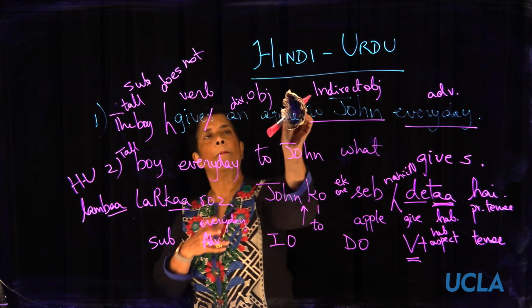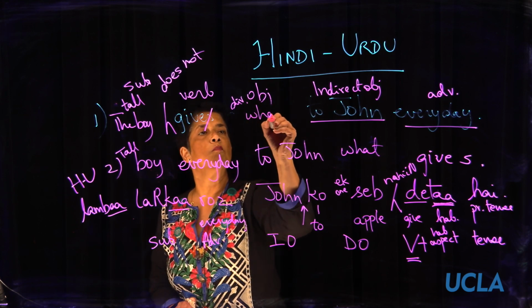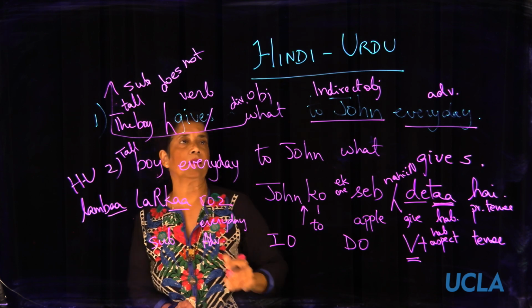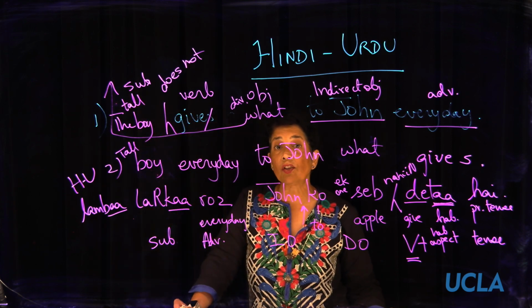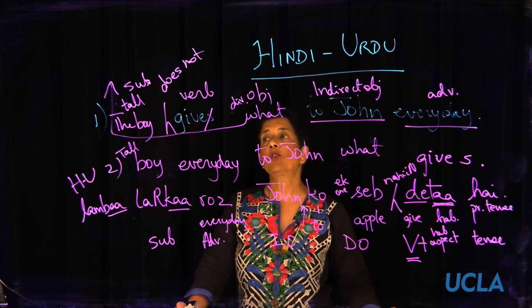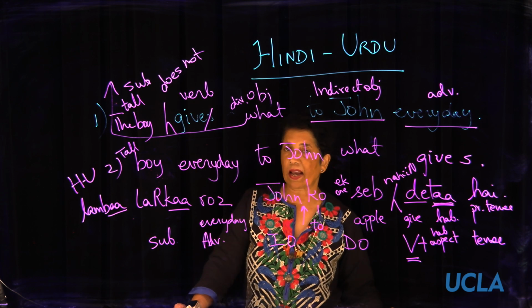However, in English, the question word is moved to the beginning of the sentence. So the English question will become, what does the tall boy give to John every day?